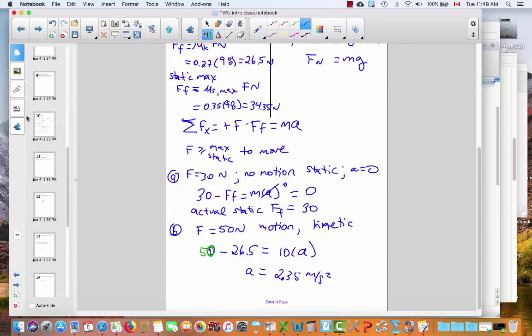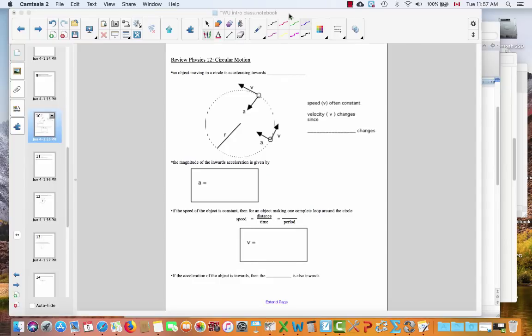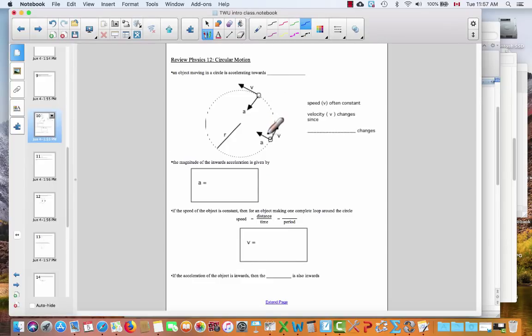Okay, there's a couple more foundational concepts that we're going to go through. The next one is a related dynamics question. It's circular motion. So let's think about some key concepts of circular motion. The key thing to remember about an object in circular motion is that even if the speed is constant, as the object moves around the circle, the velocity is changing because this vector and this vector are different.